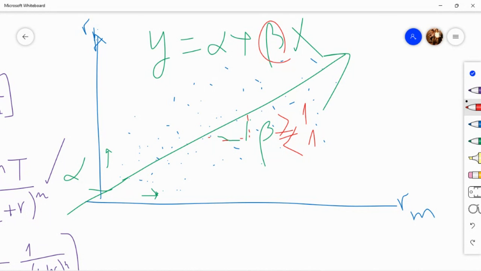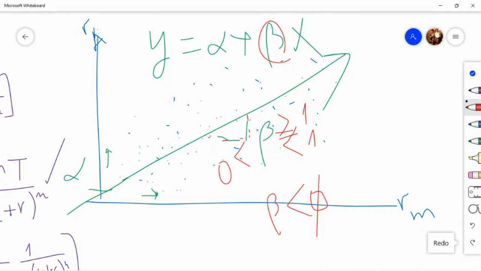Less than 1, but between 0 and 1. So something like 0.5. If beta is 0.5, then what does that mean? You can easily tell. Still positive correlation, but when market moves by 1%, Apple moves by just 0.5% in the same direction. On the other hand, beta can be negative.